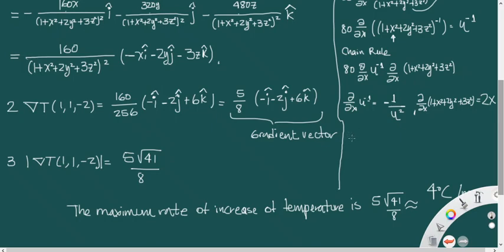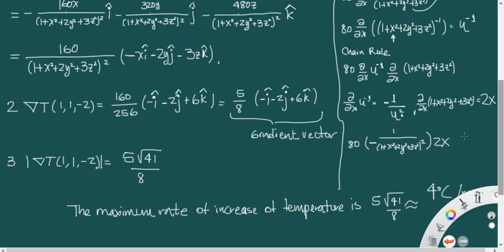So this is going to be equal to 80 times minus 1 divided by 1 plus x squared plus 2 times y squared plus 3 times z squared, squared, times 2x.